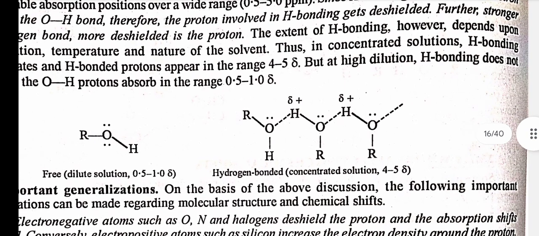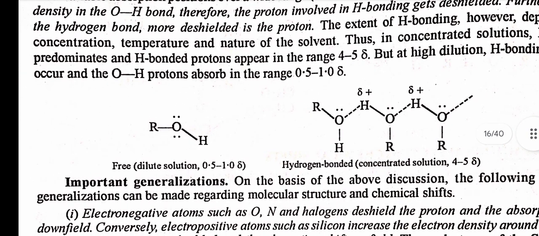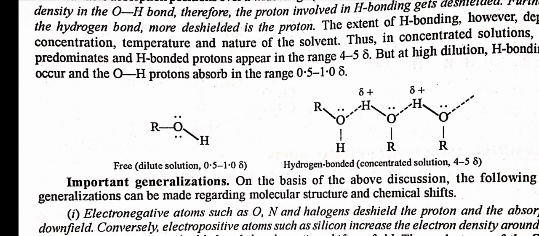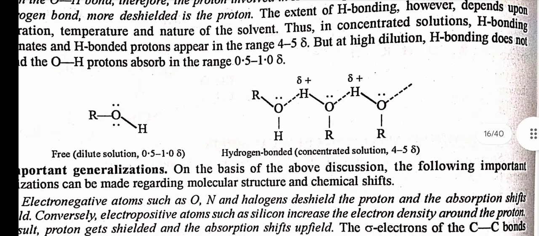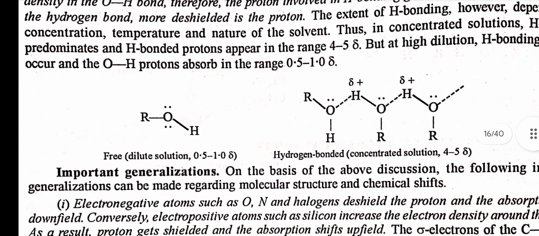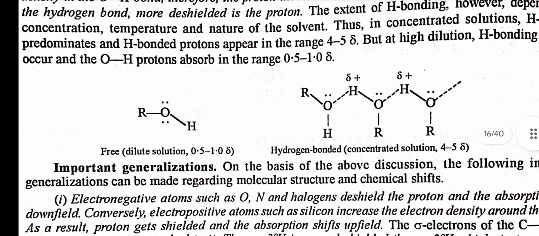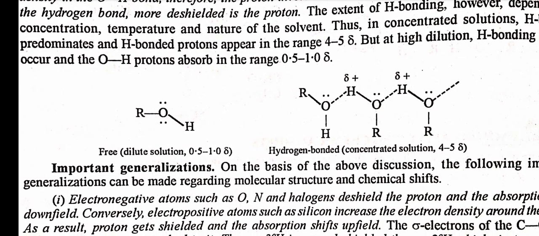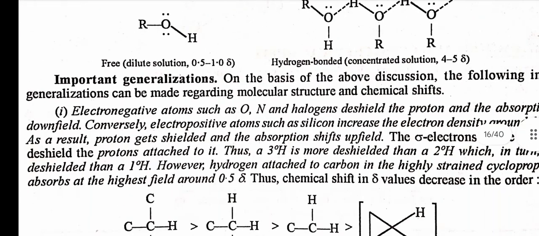Thus, in concentrated solutions, H bonding predominates, and H bonded protons appear in the range 4 to 5 delta, but at high dilution H bonding does not occur and the OH protons absorb in the range 0.5 to 1 delta.